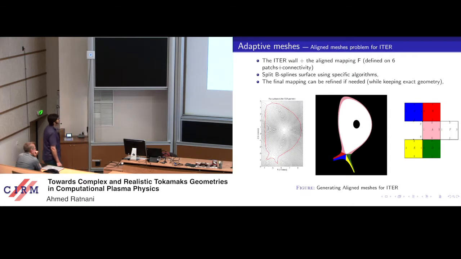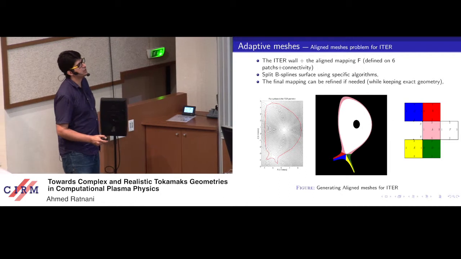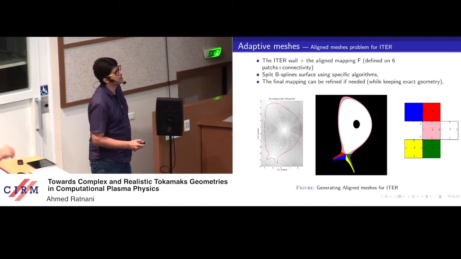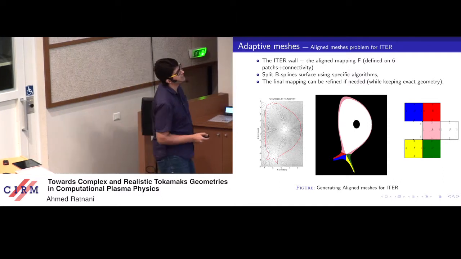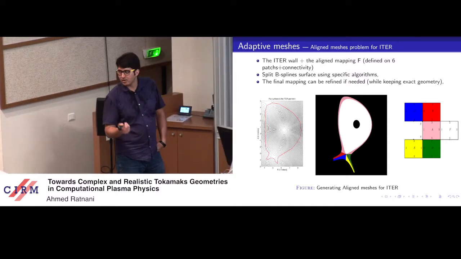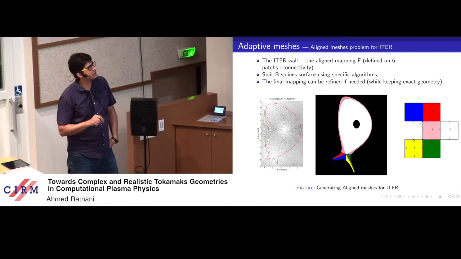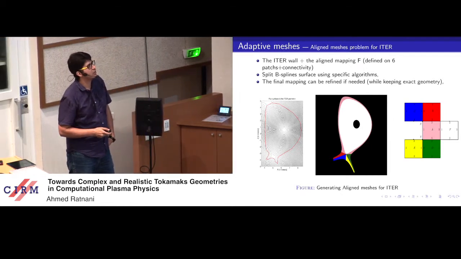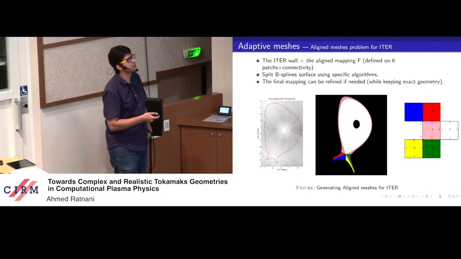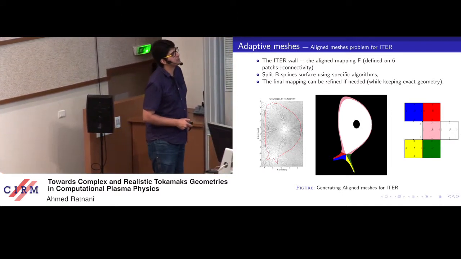So this is, for example, a construction of ITER by just splitting the geometry into 6 regions, and as you can see here, the connectivity of all these patches. So you see here the patch F, which is in white inside. I left this hole for a reason. This is just to avoid the center problem that we had before, because in our case I can change the description inside the plasma.